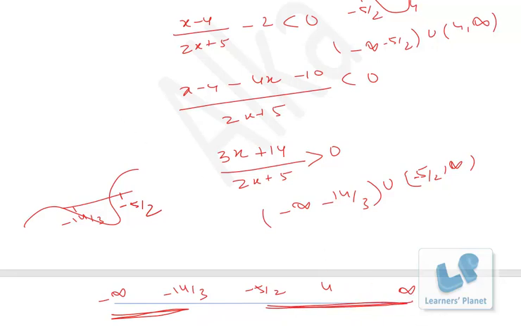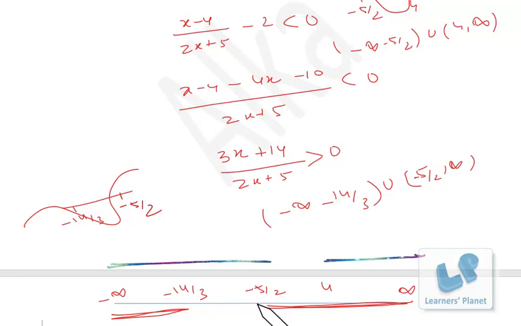Okay. And for the expression above, we have minus infinity to minus 5 by 2. Okay. And then 4 to infinity. So the common range is 4 to infinity and minus 14 by 3 to minus 5 by 2.